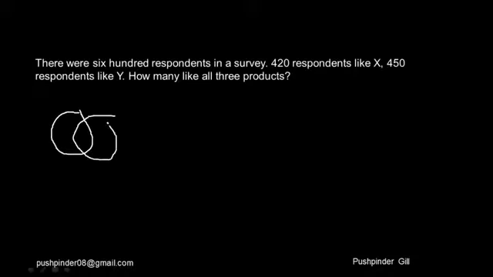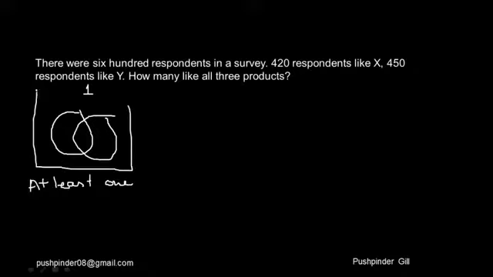Now let's suppose scenario number 1, wherein the question says that at least one of the persons likes either of the products, right? So if I say at least one likes either of the products, that means the number of people who do not like any of the products is 0.